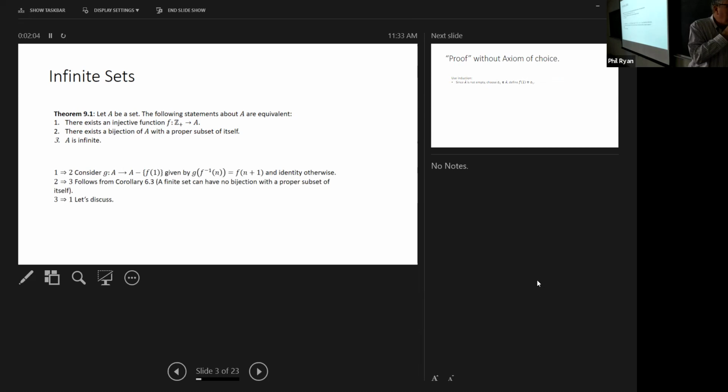So 1 implying 2 is not so hard. How can we get from an injective function from the positive integers to a set to a bijection of A with a proper subset of itself? The idea here is that it's easy to come up with a bijection of the positive integers with a proper subset of itself.